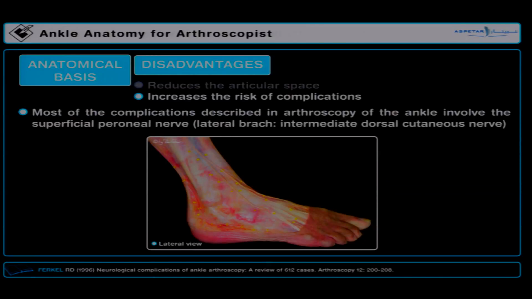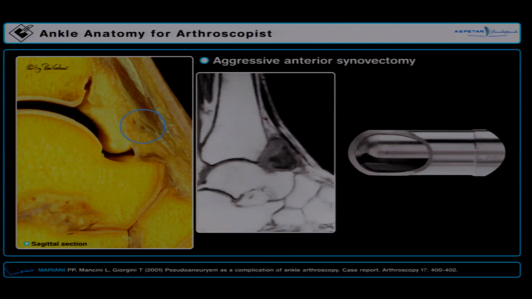The most common complication described in arthroscopy of the ankle involves the superficial peroneal nerve when performing the anterolateral portal. But also it's important to remember the relation of the anterior vascular bundle. The injury of the tibial artery may be caused by aggressive anterior synovectomy, especially when performed for anterior ankle impingement.